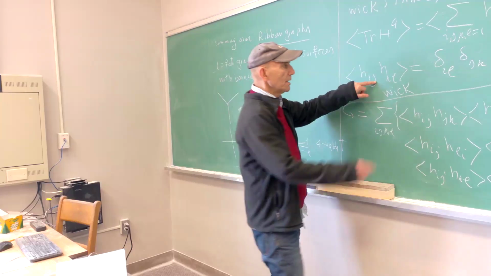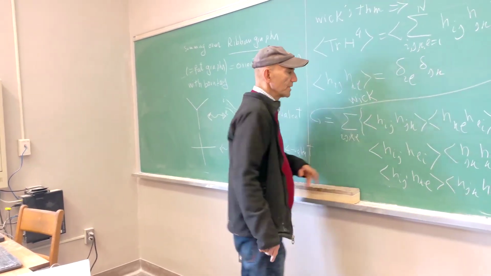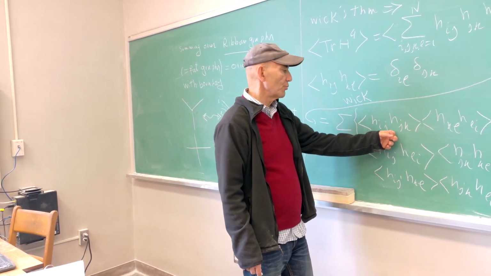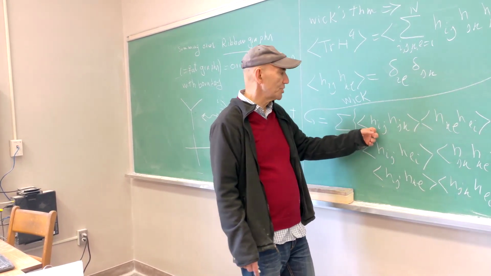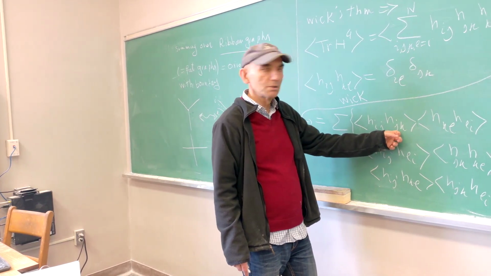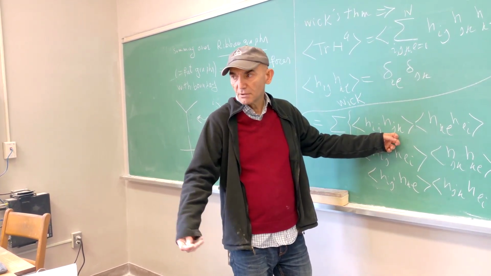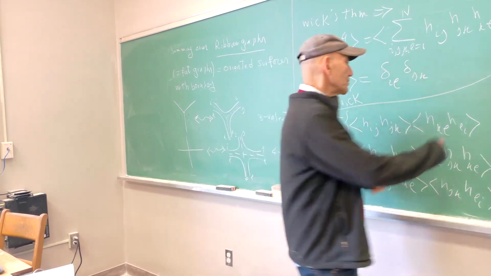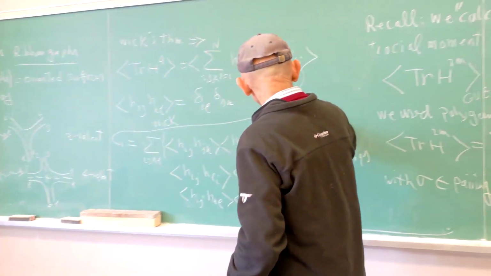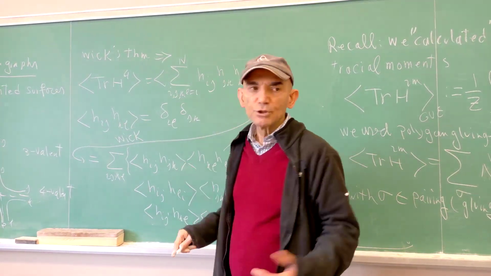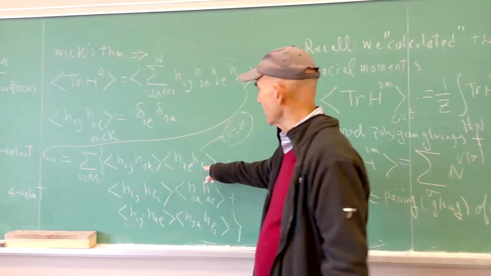Now, this relation of course tells us that here there is only one condition, which is i has to be equal to k. The other variables are free; you can choose anything. So you get a sum of n cubed in this case.